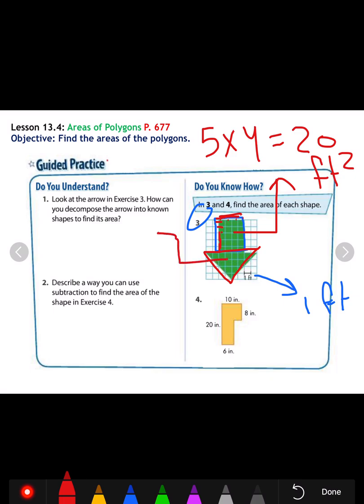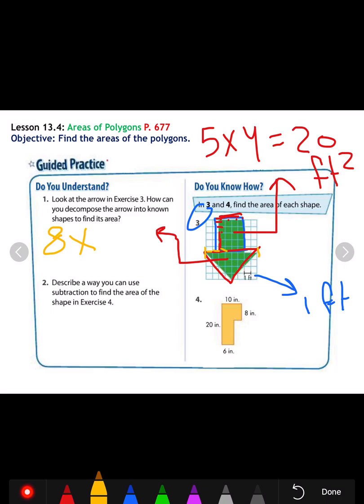Now I will go to the triangle. Here is the base. If you count how many units you have in the base, from here to here, 1, 2, 3, 4, 5, it's 8. So 8 units multiplied by the height. Where is the height?